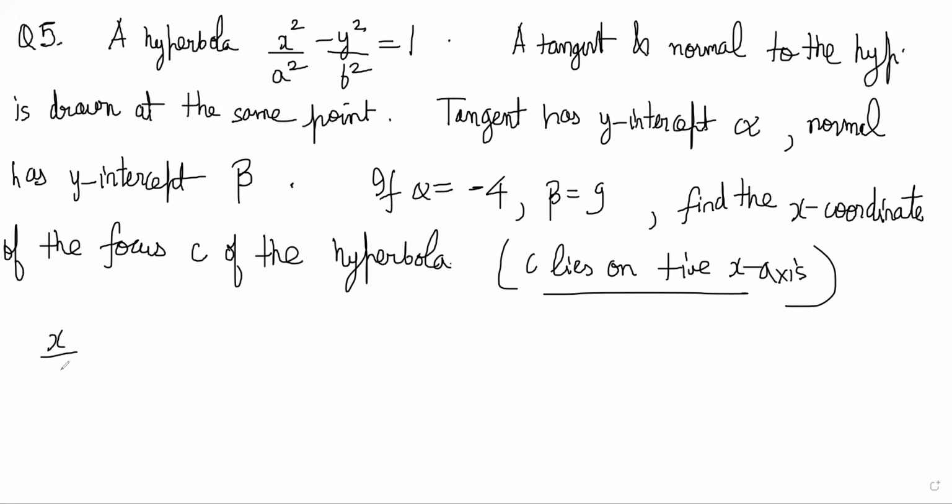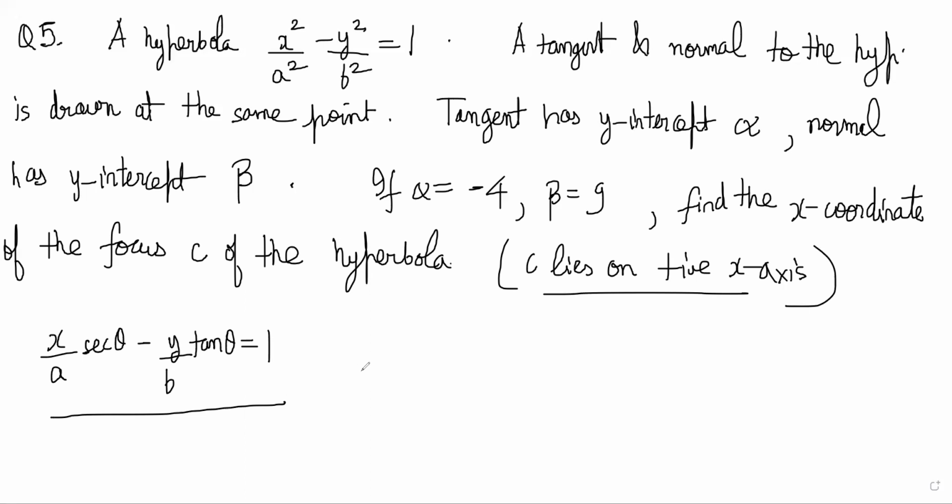If you write the equation of the tangent as x by a sec theta minus y by b tan theta is equal to 1, then you will get the y-intercept for the tangent as alpha, and alpha is -4.